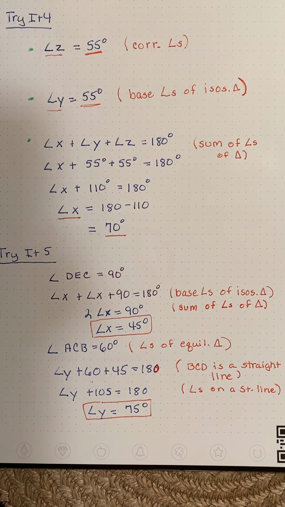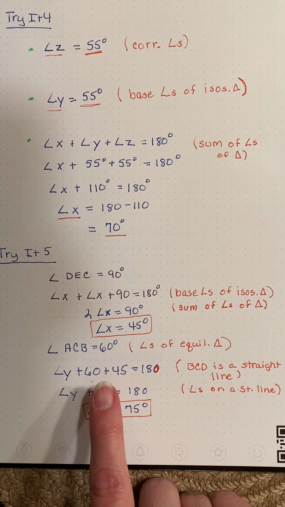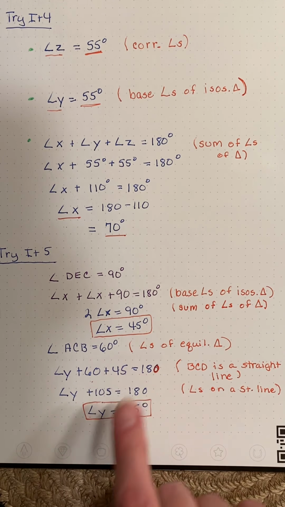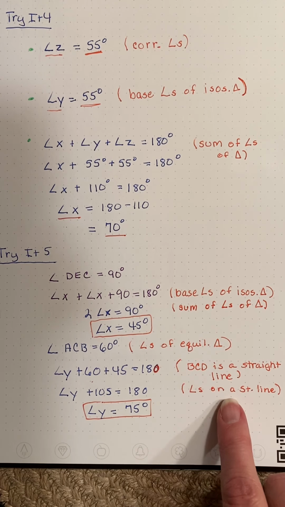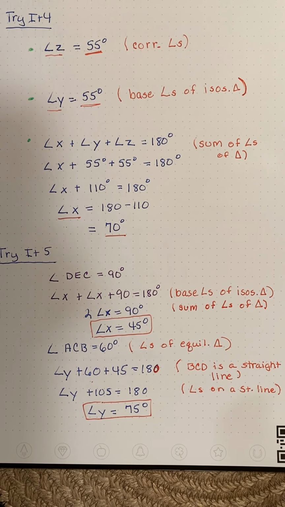Now, if you go to the angle along that line, we don't need to find angle ACB. We already know that's worth 60 degrees because of the angles of an equilateral triangle. Now we have two of the angles on that line. Because it's a straight line, all the angles on a straight line are going to equal 180.